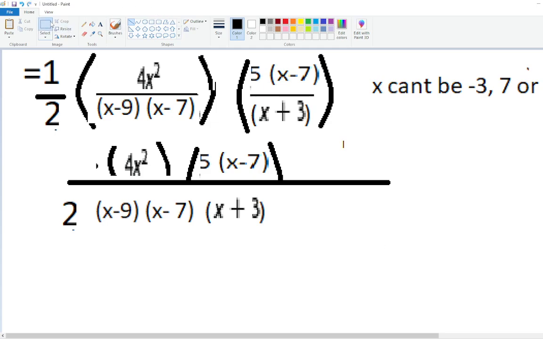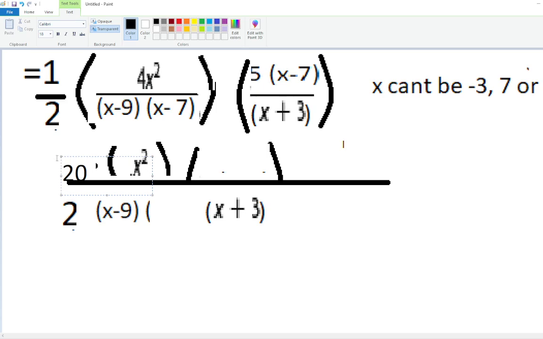Since everything is multiplying, only the things in brackets can cancel if they're the whole bracket. So this can cancel right there. But the secret here is this 4 technically, since it's now 4 times 5, it's just 20. But this 4 technically can be divided by the 2 and become a 2. If you want, you can multiply the 4 and the 5 now, and it makes 20.